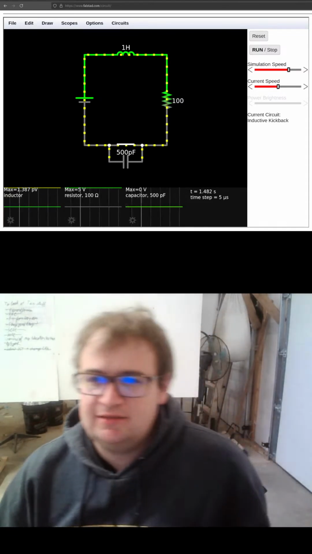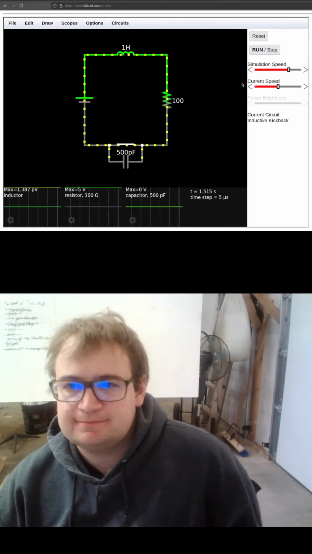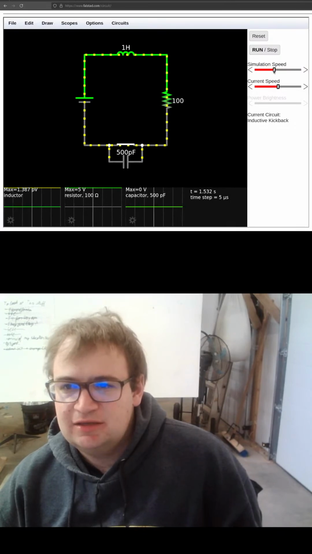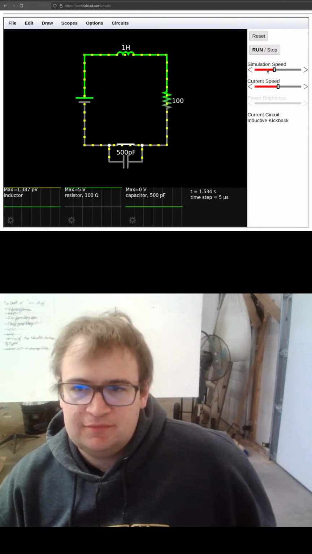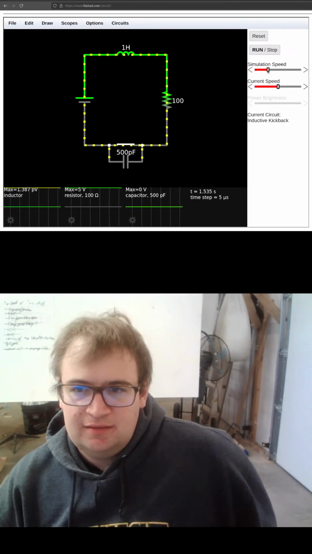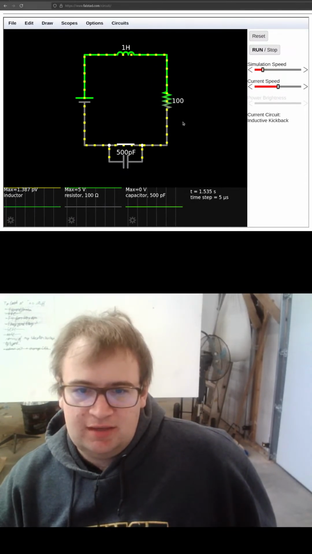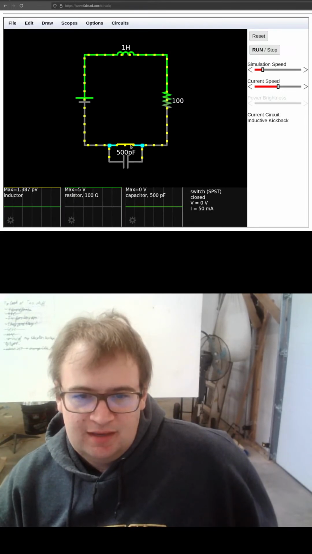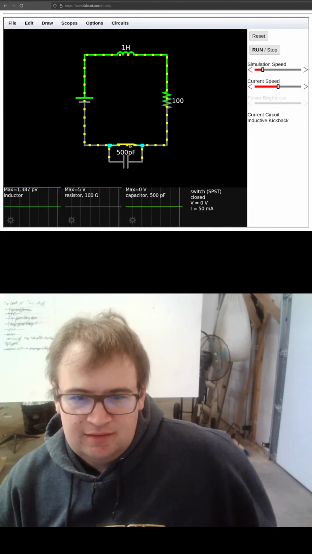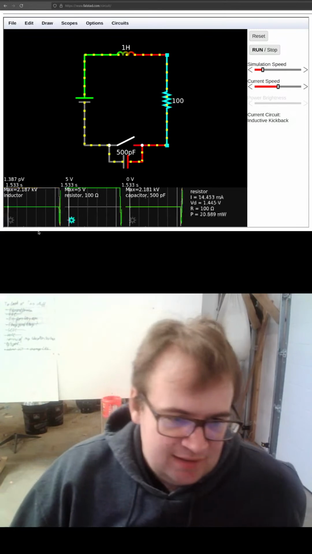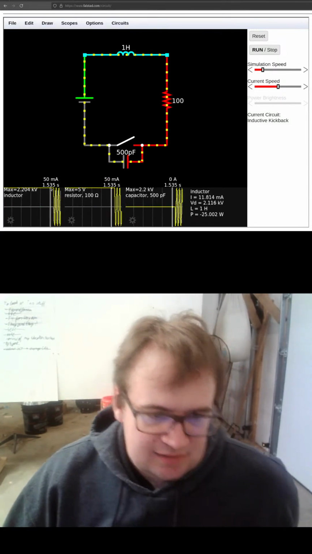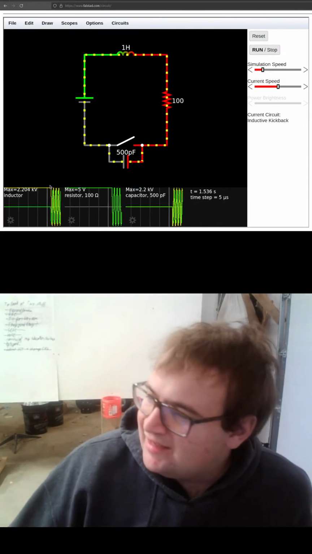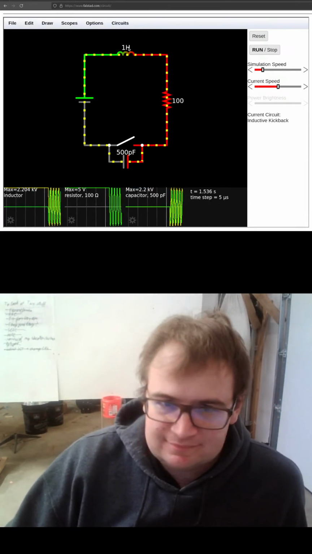So now that inductor's all charged up again, let's slow down this simulation. Really slow here. And now we'll turn this on. You see this inductor now max 2.2 kilovolts.